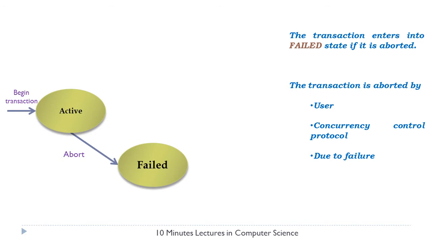For instance, a user may want to stop the transaction for some reason, that is, cancel the transaction, or the concurrency control protocol may not be able to get locks on a particular transaction, hence it may be aborted, or due to the failure of something. In these cases, the transaction may go from active state to failed state.